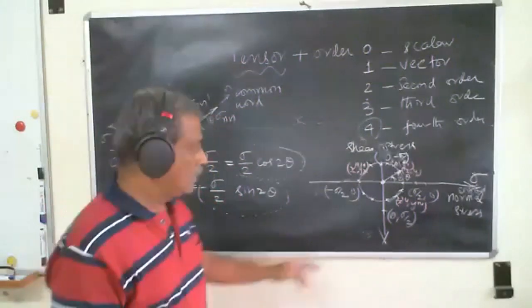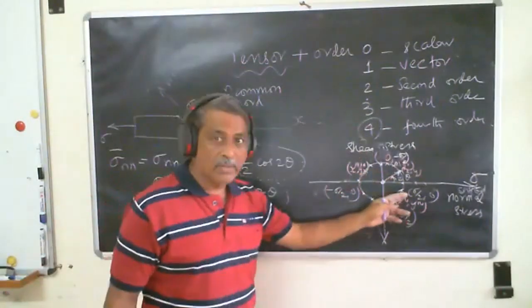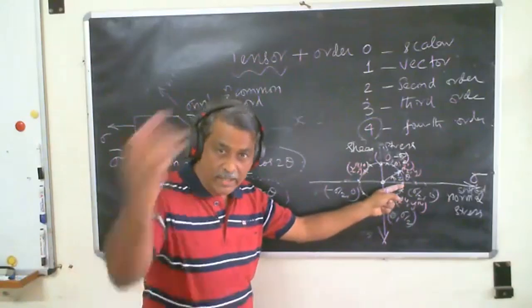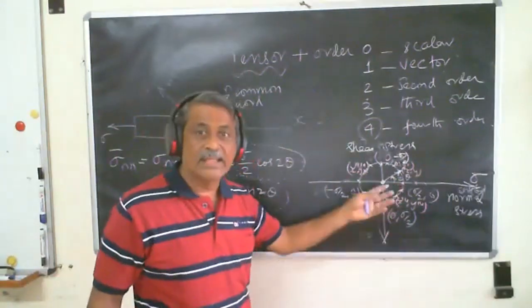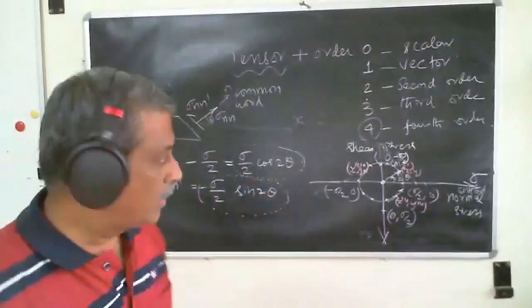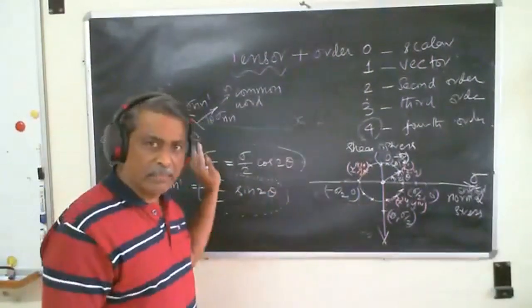Correct? Is that clear? So that I form a circle. When I come back to pi by 2, which is 180 degrees, I get the same quantities back again. As simple as this.